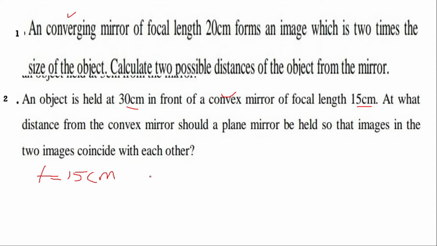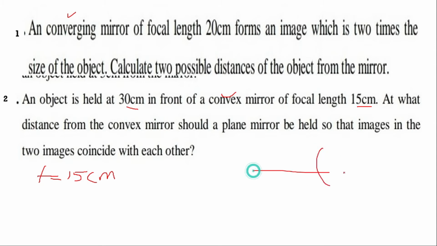That means they are saying that suppose we are keeping a convex mirror, and they are asking at what distance from the convex mirror a plane mirror should be held so that the two images coincide with each other. That means in both cases, see what will happen.